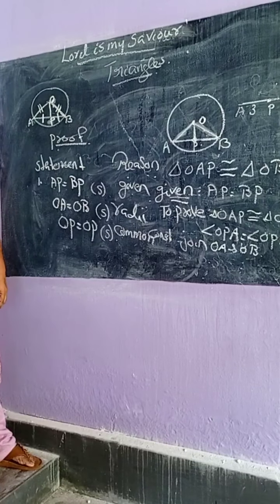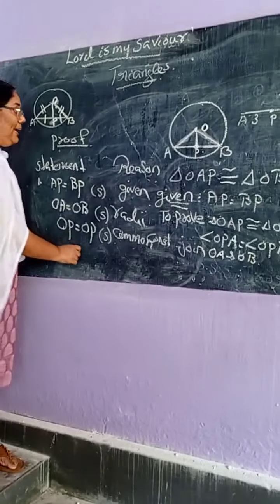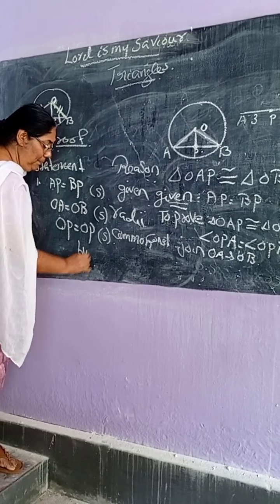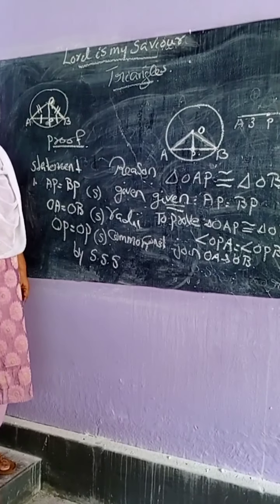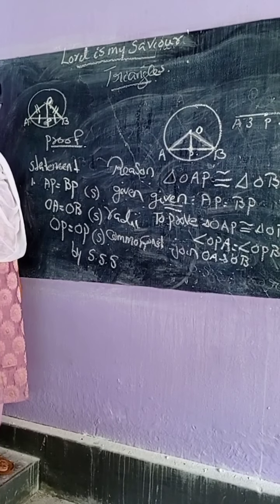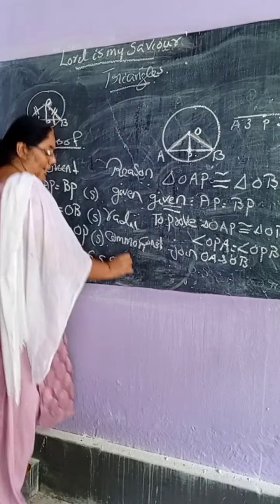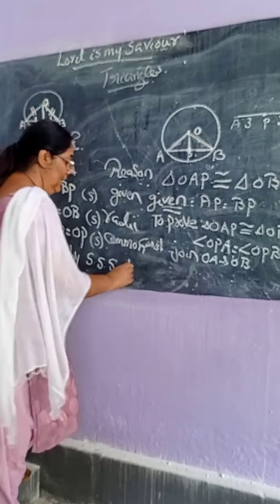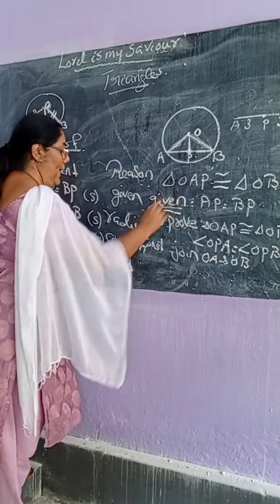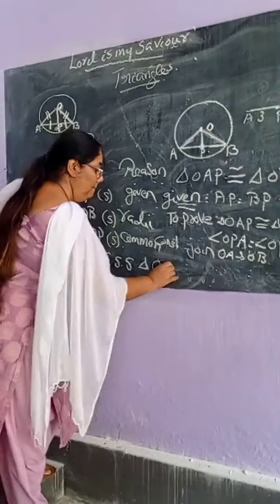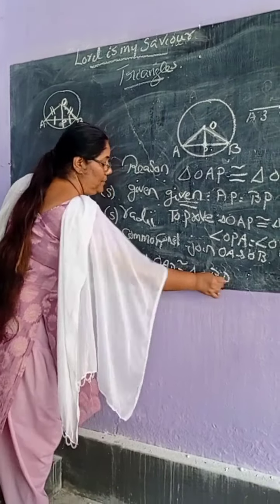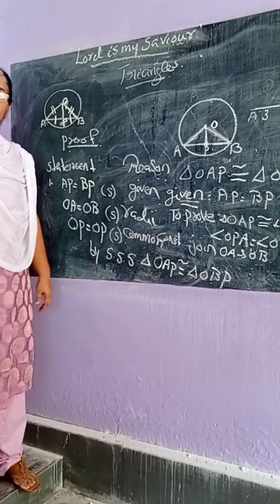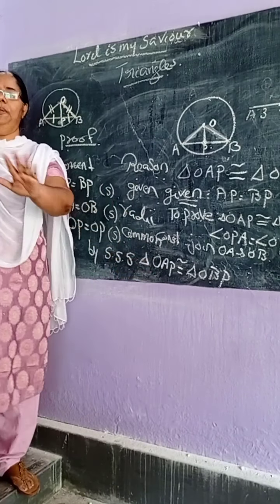Then by SSS congruency theorem, triangle OAP is congruent to triangle OBP.